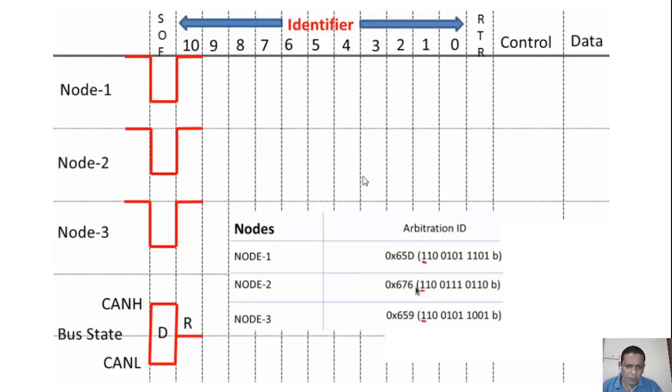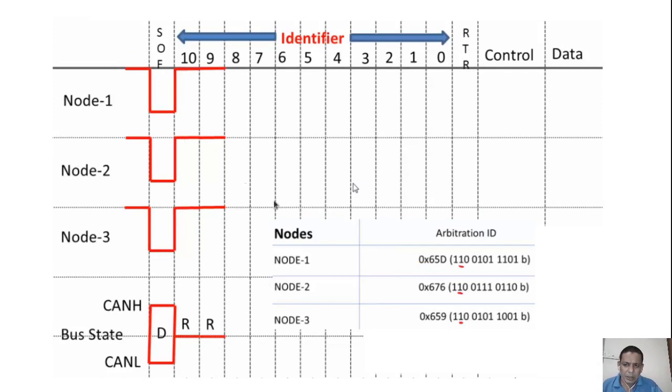Node 1, node 2, node 3 will have the first bit, the most significant bit, as 1. So all these are 1, which means the bus will be recessive. Here it was dominant, here it is recessive.